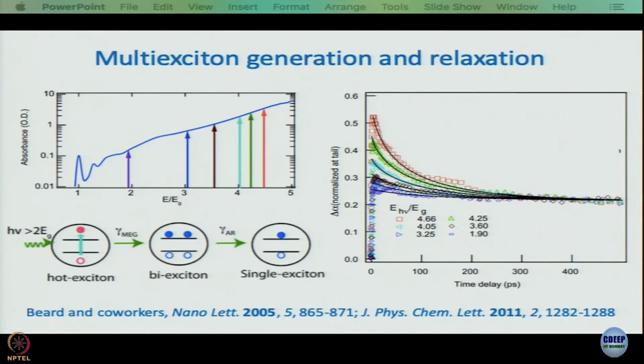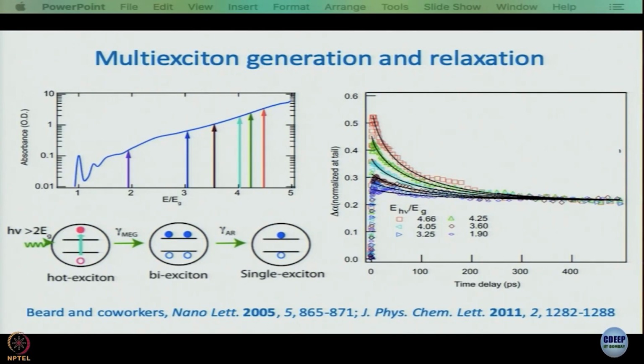But again, this is rather complicated dynamics, because it is not as if hot electrons are formed and then they cool down and form single excitons. Hot excitons are formed and then they cool down to form single excitons. The intermediacy of biexciton is always there.